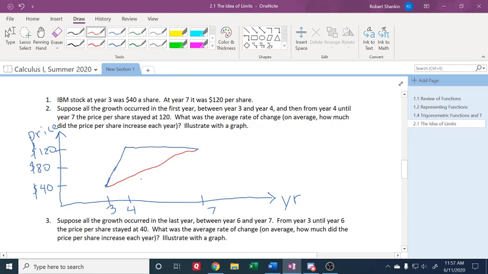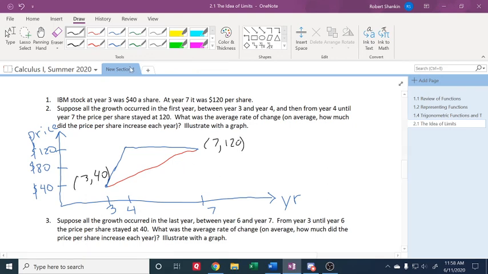Oh, I understand. Would it be 25? What's the slope? What's the slope of that line? I said 20. And so now this point is 340. This point is 120.